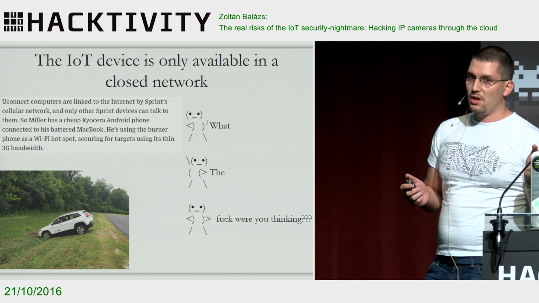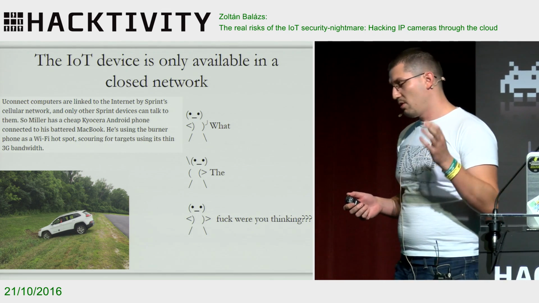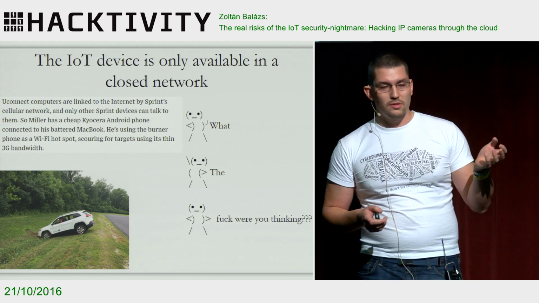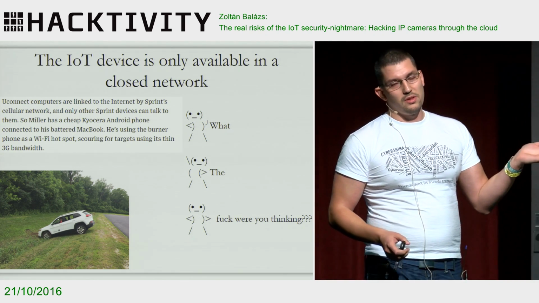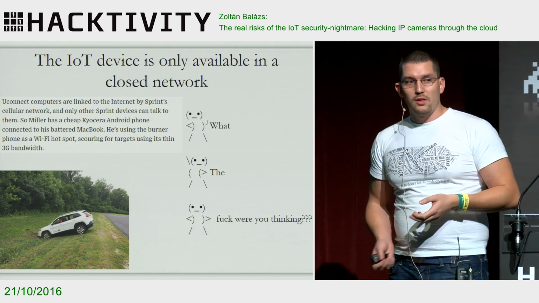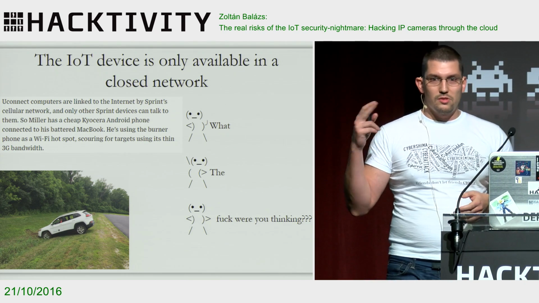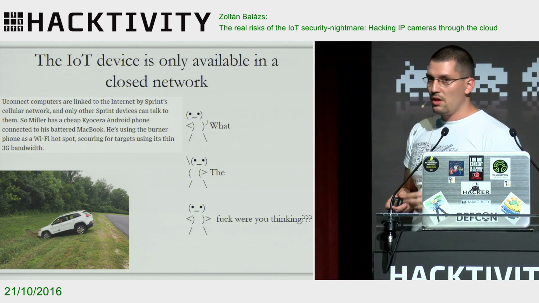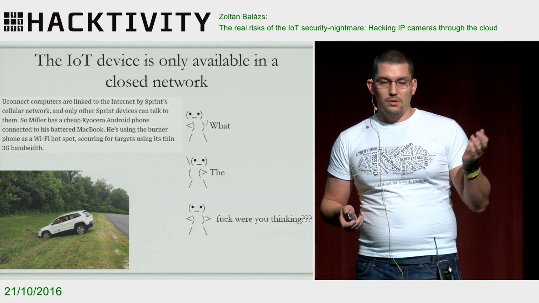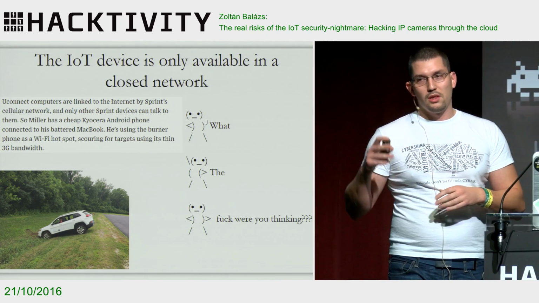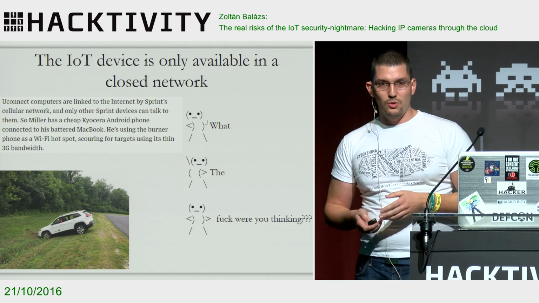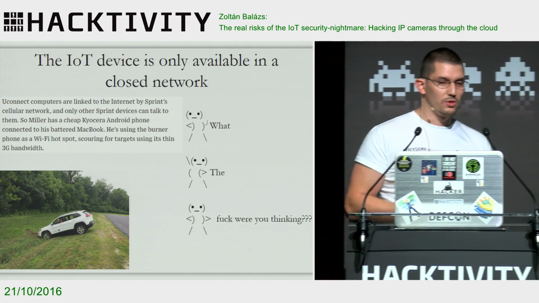And yes, the SIM card was in a closed network, but what the closed network really meant is that it was a Sprint SIM card, and if you bought another Sprint SIM card in any shop, you were able to access this closed network. So they were constantly scanning the Sprint network for Jeep devices. They were able to find their Jeep, and through a lot of chaining of different exploits and vulnerabilities, they were able to control this Jeep. So this is sometimes what people mean by closed networks.